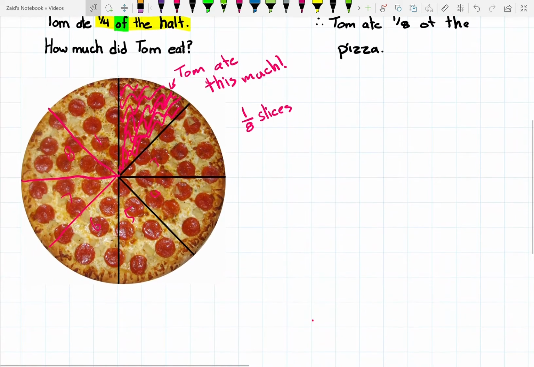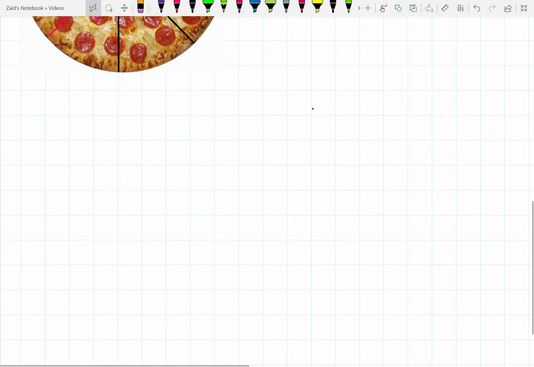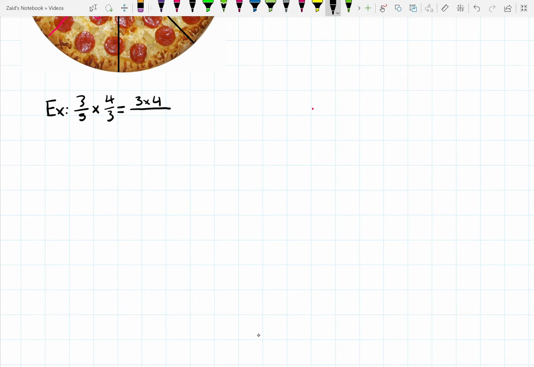Now, another example for this can be 3/5 times 4/3. So instead of drawing it, we could just multiply the numerators together, so 3 times 4, and the denominators together, so 5 times 3, and I get my numerator to be 12 and my denominator to be 15.